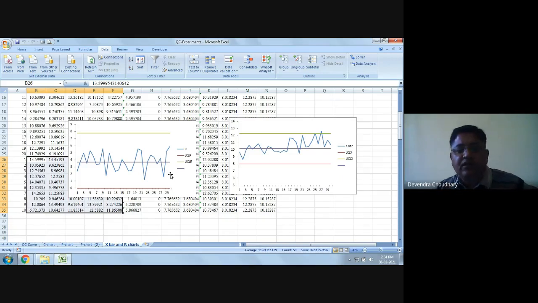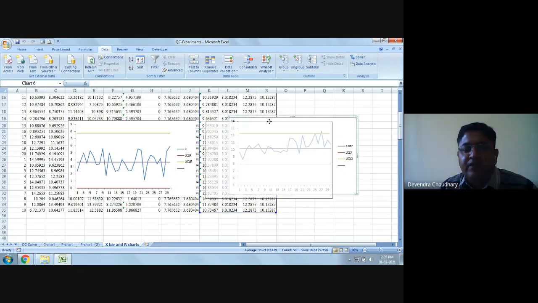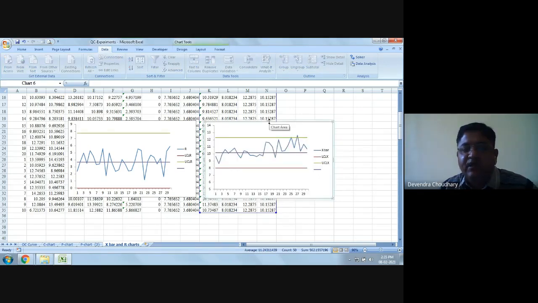And before closing today's session, I will conclude that both the R and X bar charts are plotted simultaneously to assess the impact of shift in mean and change in variability. Decrease in variability is desirable and it is an indication of quality improvement.